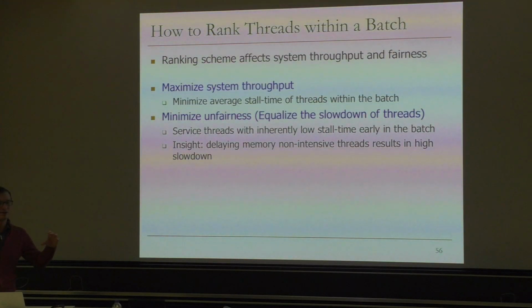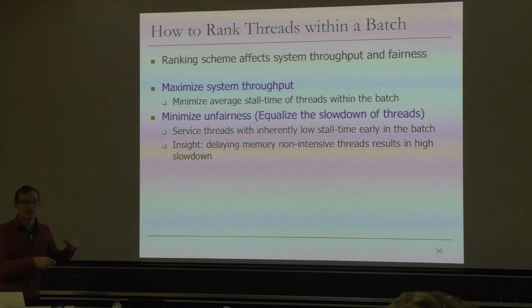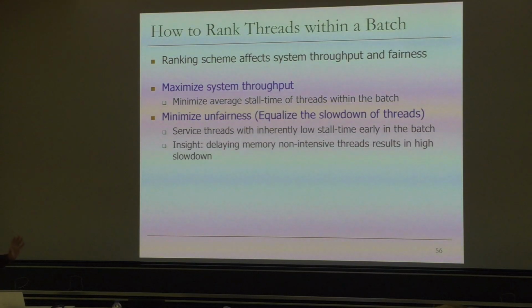The thread with the baseline stall time of 1 second slows down by 2x. The thread that has an inherent stall time of 10 seconds slows down by 10%. And if your goal is to equalize the slowdown of threads, you clearly want to prioritize the one that has the lower stall time to begin with. That's the idea over here.